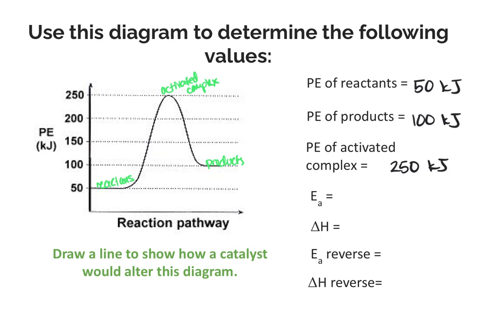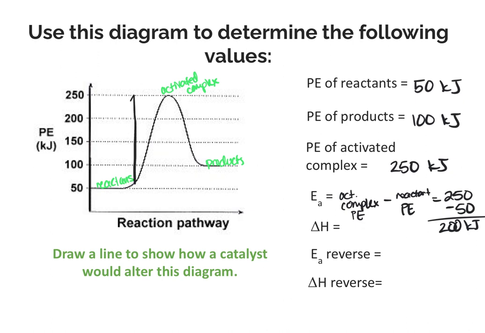So to find the activation energy, you take the activated complex potential energy, subtract it by the reactant potential energy. So in this case, it's 250 minus 50, 200 kilojoules. So it takes 200 kilojoules to get up to the activation energy.